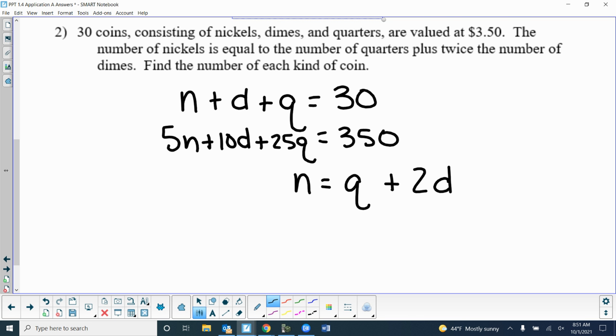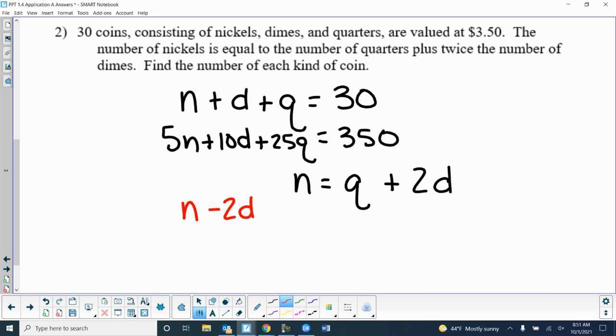Now, what do I got to do with that third equation? So I can put it in my matrix. Line things up. So what happens to the 2D and the quarters? The n would go here. The 2D goes next. What kind of 2D? Since I'm moving it over. Yeah, minus 2D.